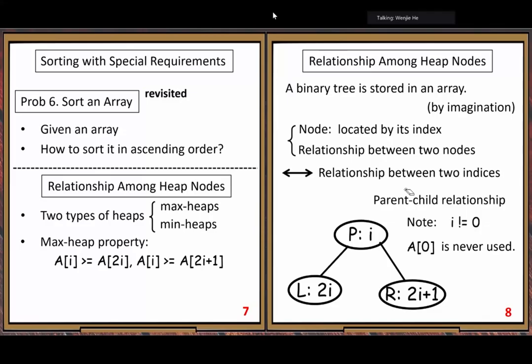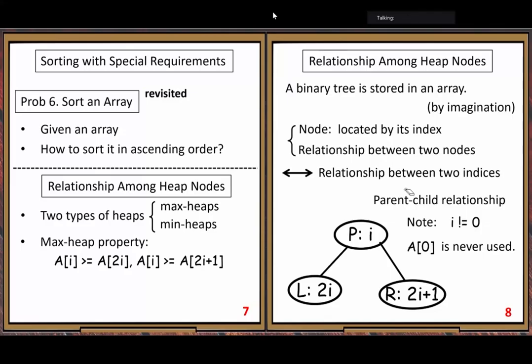Very natural. If this property holds everywhere in this heap, then we can call this data structure a max heap.